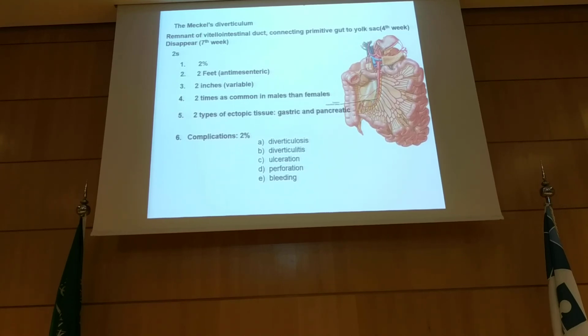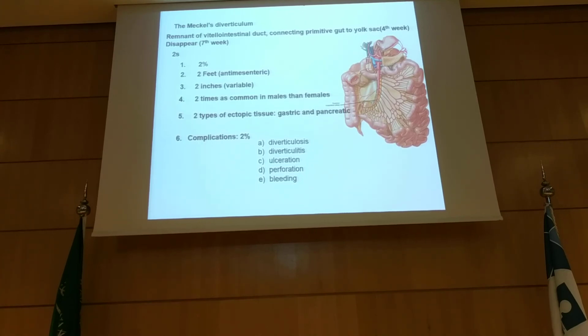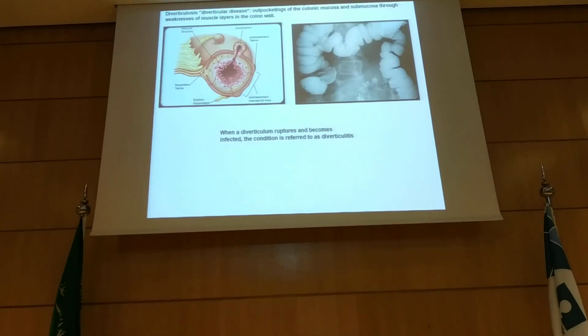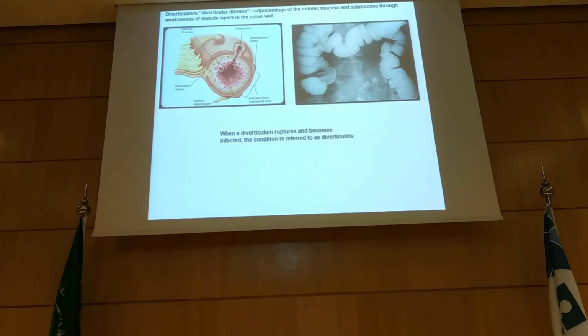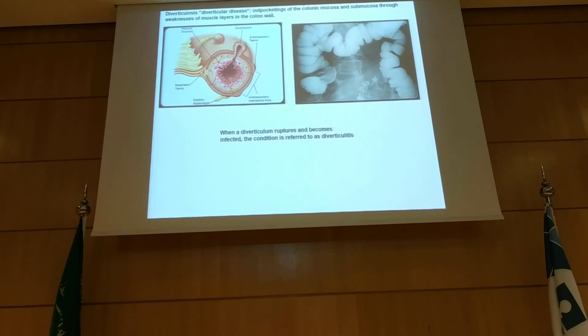When you have gastric and pancreatic tissue, it means it is secreting gastric and pancreatic enzymes and juices. So these Meckel's diverticula are prone to ulceration, perforation, and bleeding. Sometimes, the muscular layer of these diverticula becomes weak, creating what we call a diverticulum.